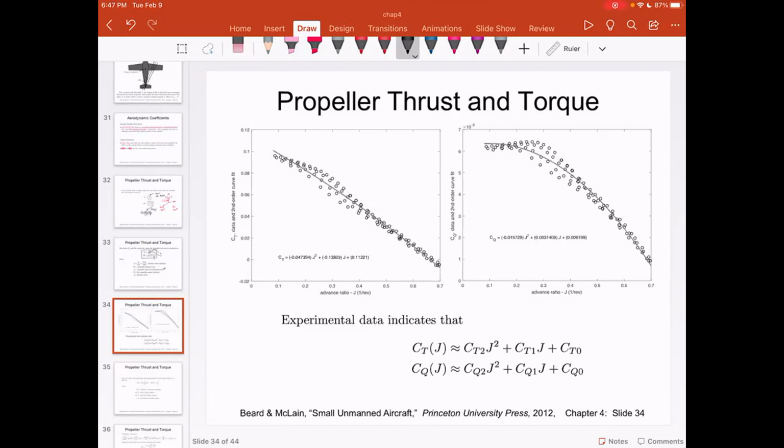A lot of experiments are performed, just like wind tunnel testing, to find out these coefficients. And you will notice that CQ is actually dependent on this non-dimensional quantity, which is advance ratio, with a sort of quadratic equation fitted to the experimental data.